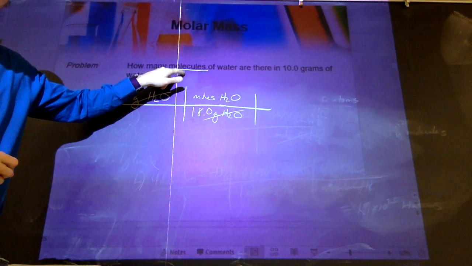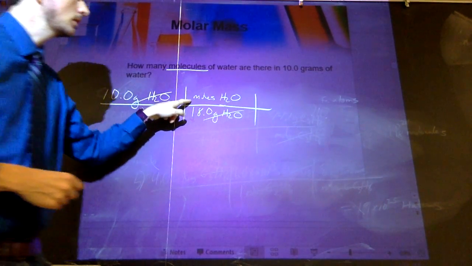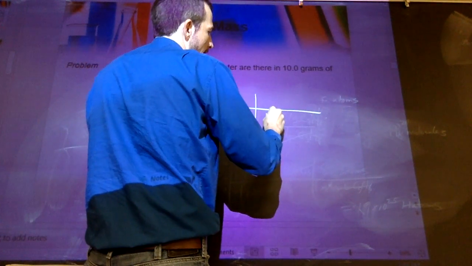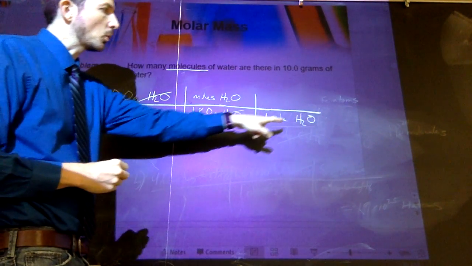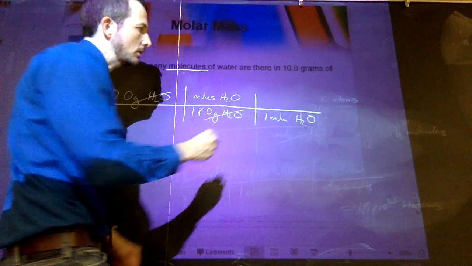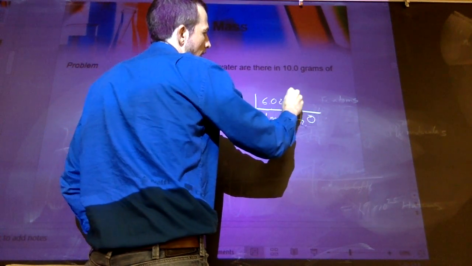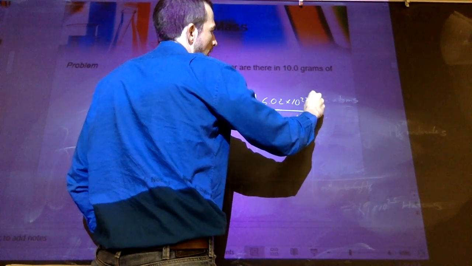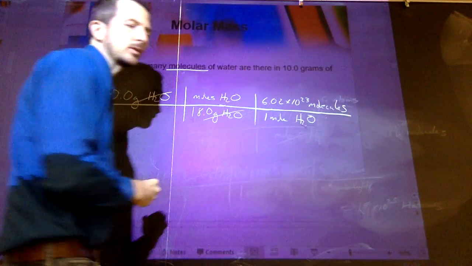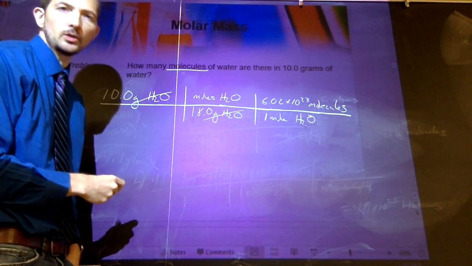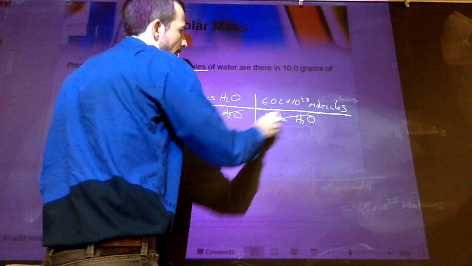It says how many molecules of water. Well, I know in 1 mole of anything, there's Avogadro's number. Water is a molecule. So in 1 mole of water, there's 6.02 times 10 to the 23rd molecules.